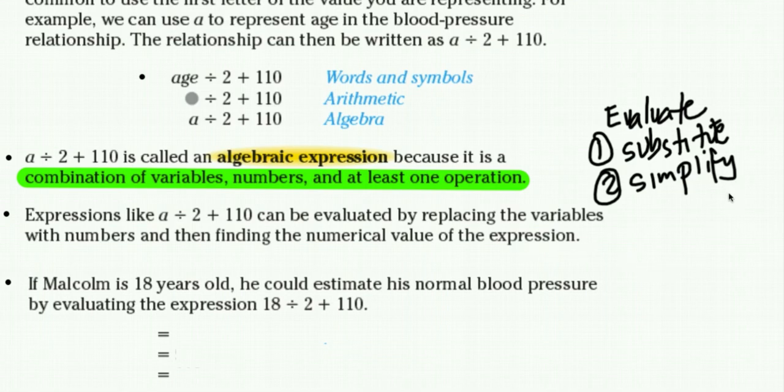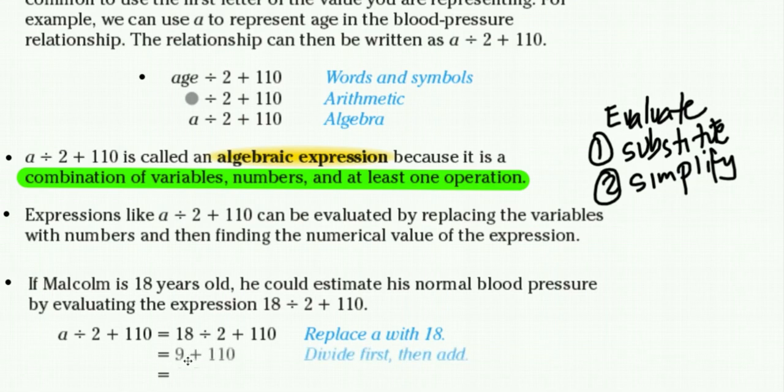So following the order of operations, copying the expression, A divided by 2 plus 110. Substitute the value for A, which is 18. 18 divided by 2 plus 110. We end up with 9 plus 110 because 18 divided by 2 equals 9.